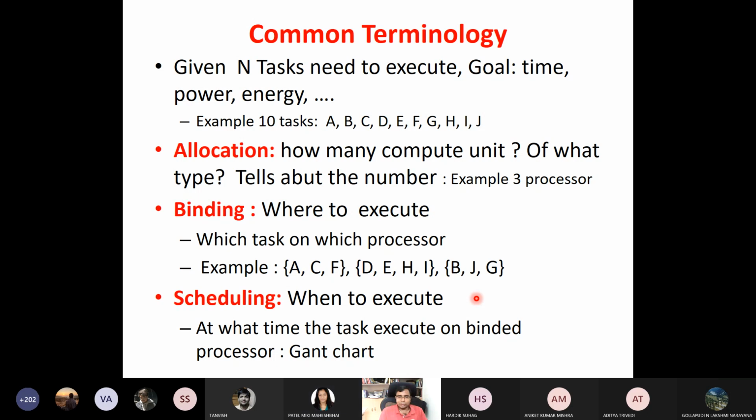Some algorithms also combine scheduling and binding. Okay, so we'll see this when other things proceed. Is it clear? Yes, sir.